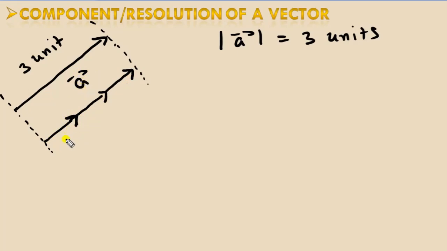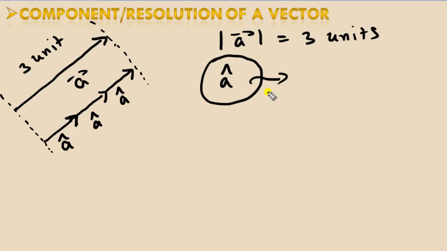We can write them as A cap, and A cap. A cap means unit vector A. We read it as unit vector A, and it means a vector which is directed along the same direction as the original vector A, but having a magnitude of 1 unit.